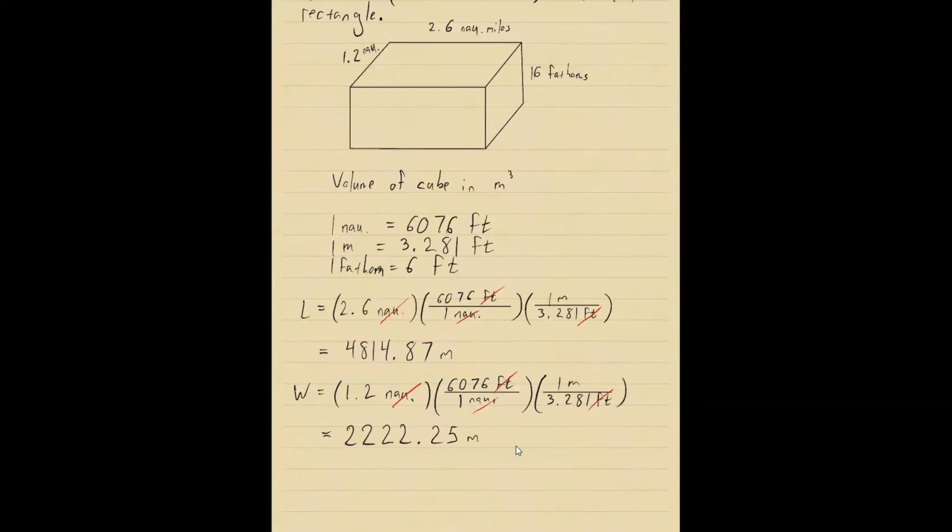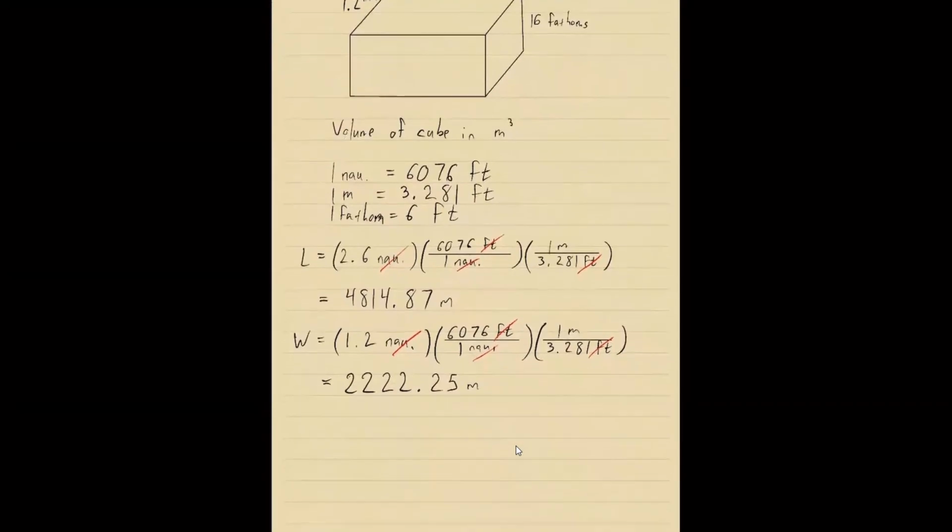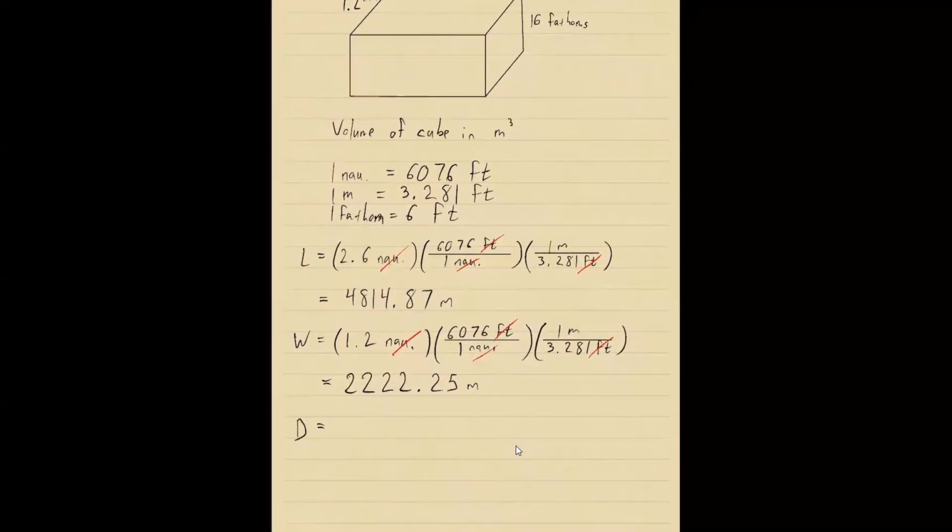And so last but not least, we need the depth, which I'll call D. So the depth of this cube of water is 16 fathoms. And we know that there's 6 feet in 1 fathom.